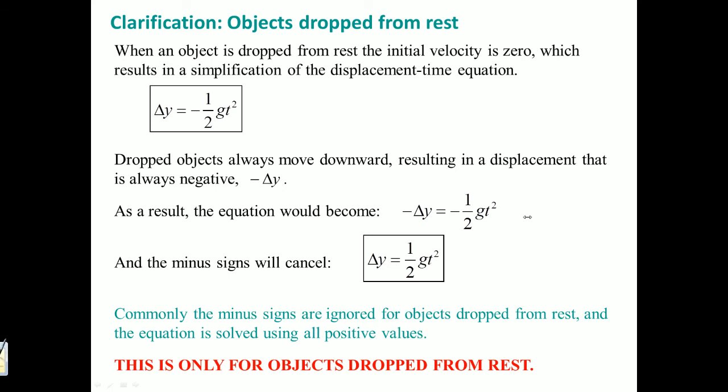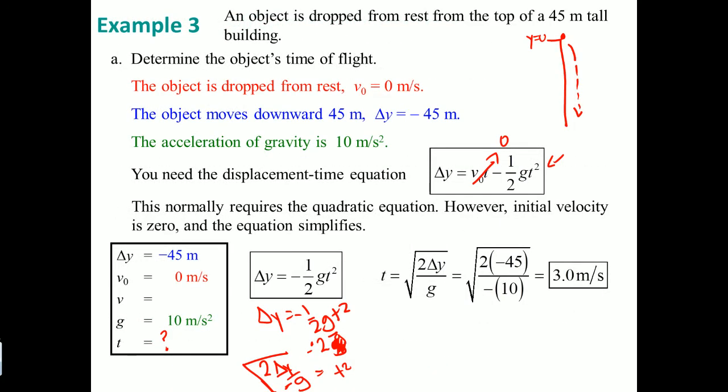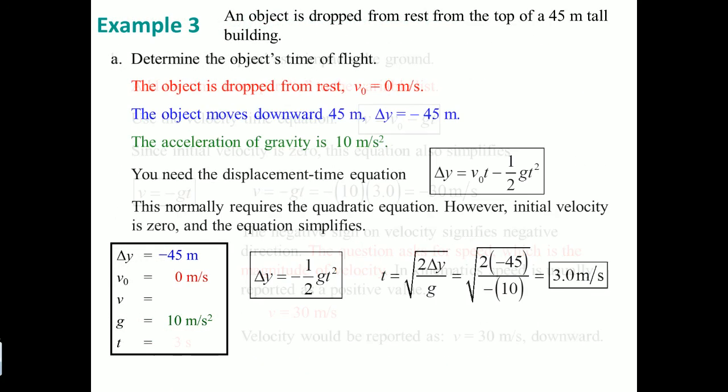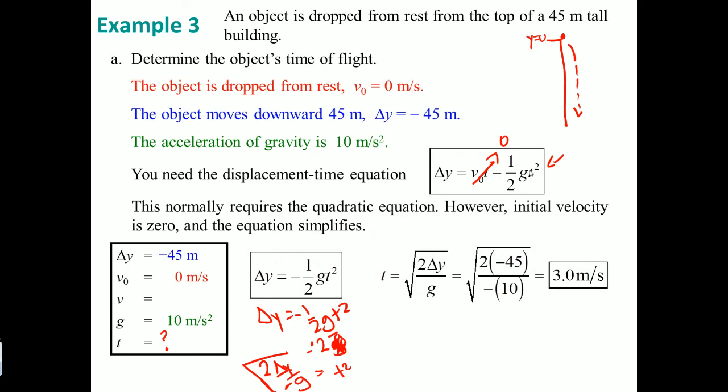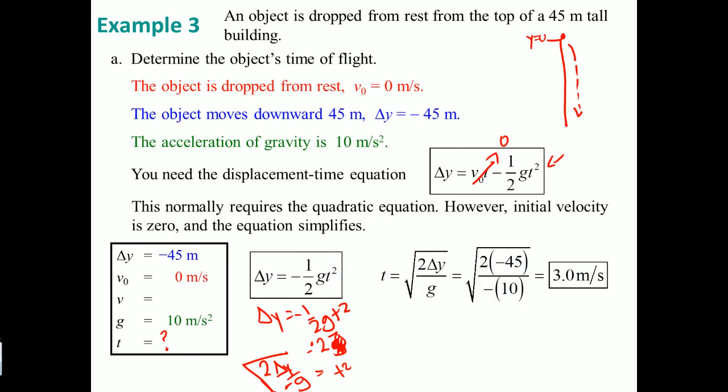One other note that I would like to mention is the way we're solving the equation. Notice that in a lot of the problems, we are asking to get time first. And when we need time, we end up using one of the t squared equations. Then we find velocity. That always works.